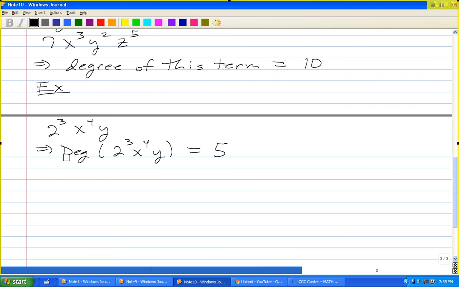The degree of a polynomial is just the largest degree of any of its terms.